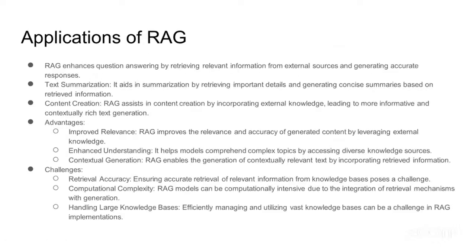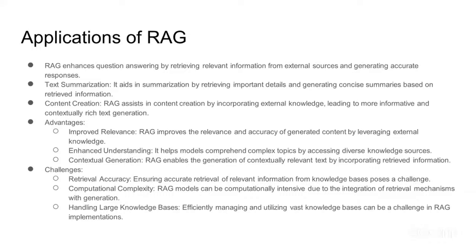Then these are all the applications of RAG. It can be useful for question answering, text summarization, and content creation. These are the advantages with respect to RAG. Improved relevance: RAG improves the relevance and accuracy of the generated content by leveraging external knowledge.